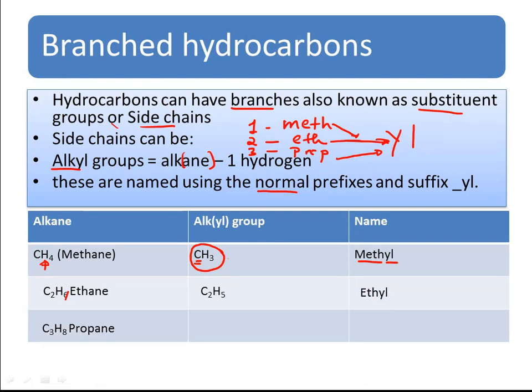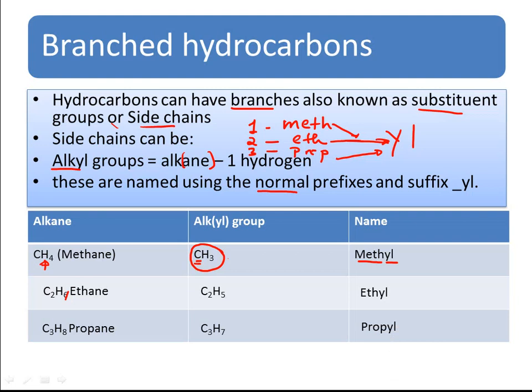The next one will be propane, which is C3H8. If I take one hydrogen from those 8 that I have on there, I remain with C3H7, which means the name for this one would be prop for 3 carbon atoms, and the suffix is YL, which gives me a propyl group.